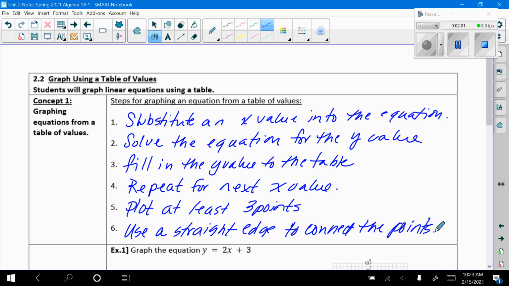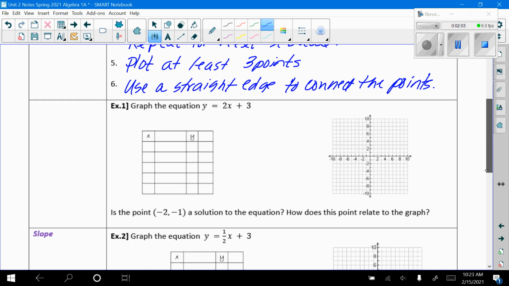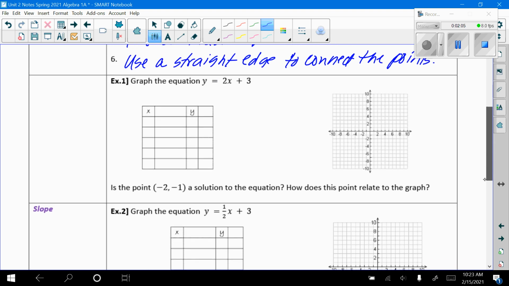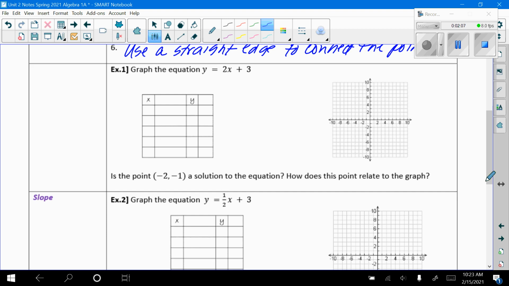Okay, so we have some steps here. So here's our first one. I want you to graph y = 2x + 3. So this is the functional part. I want you to put that in here, 2x plus 3, because we're solving for y. Now, the x values, you can pick any number that you want. However, I usually pick 0 as my favorite number, so I put that usually in the center. And I usually go below or above it.